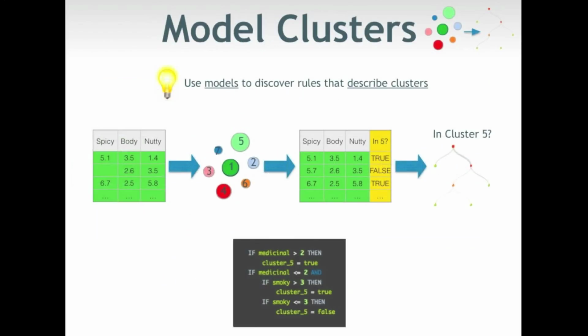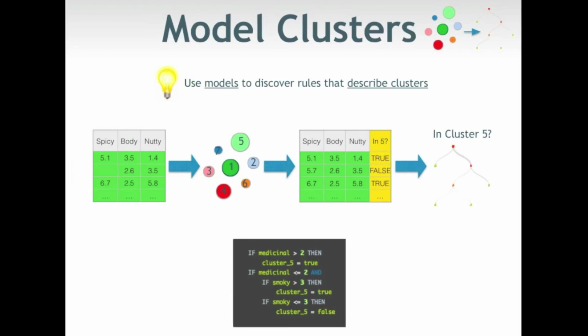All right, so the first new feature that we're going to look at is called model clusters. The idea here is to use models to discover rules that describe the clusters generated by a clustering algorithm. Here's how it works. We start with our unlabeled data set, and from this we create a BigML cluster.